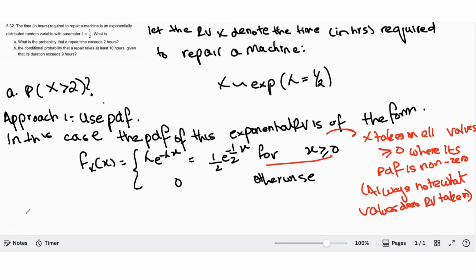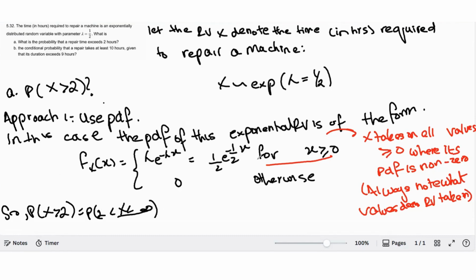So we want to find now the probability X is greater than 2. We can find this by integrating the PDF over this interval. Now, we know the exponential random variable takes all values greater than or equal to 0. So probability X is greater than 2 means the probability X is between 2 and infinity, essentially X greater than 2 and less than infinity.